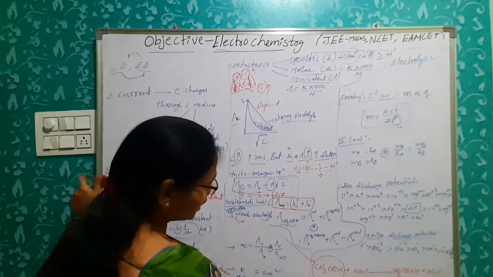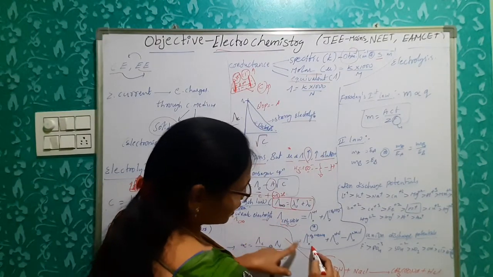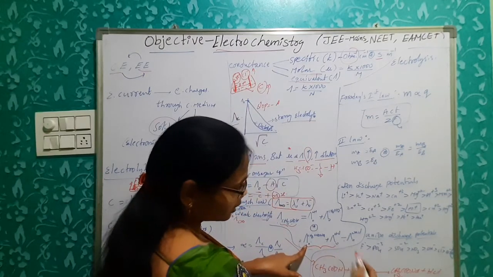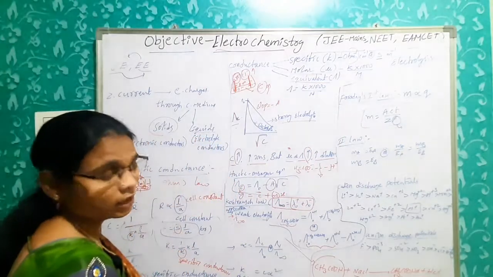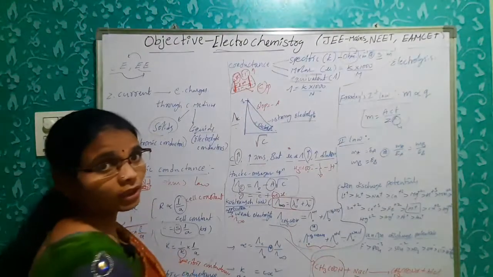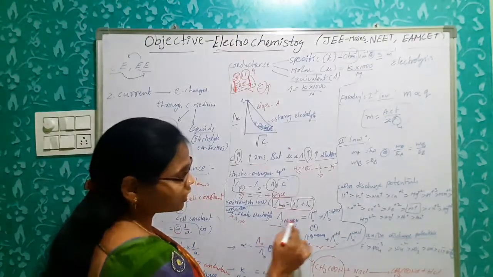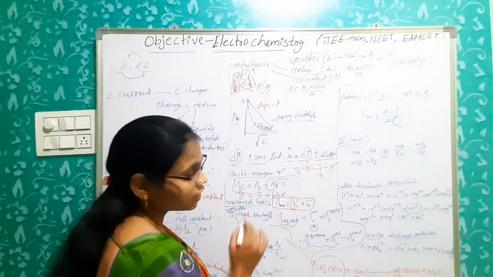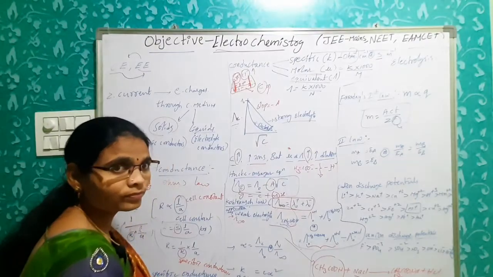Equivalent conductance of acetic acid is equal to equivalent conductance of products minus equivalent conductance of the remaining reactant. By this way we can find the equivalent conductance for a weak electrolyte. First we need to write the chemical equation, then only we can arrange the order, otherwise we will get a wrong answer.